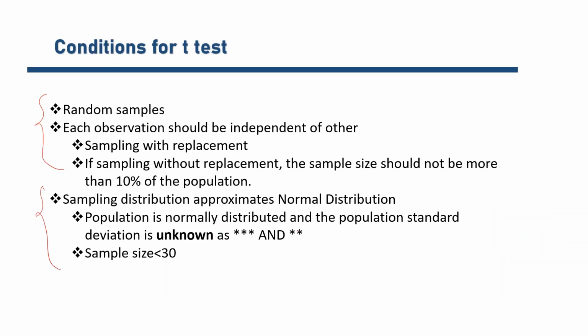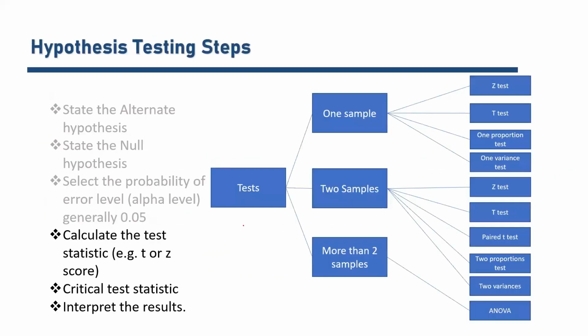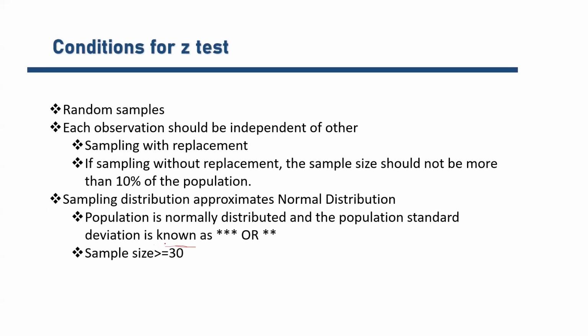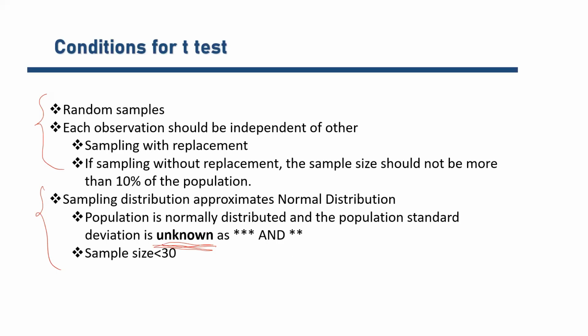The population is normally distributed and the population standard deviation is unknown. We don't know the standard deviation. In the previous case, where we were looking into the Z test, the standard deviation was known, right? In a T test, the standard deviation is unknown, and the sample size is also less than 30.